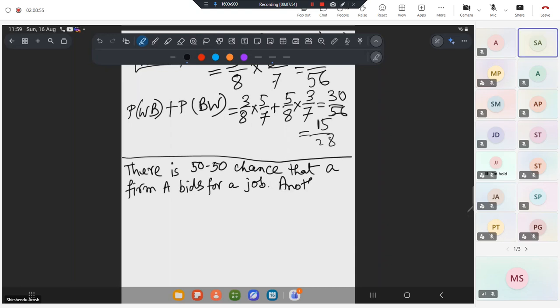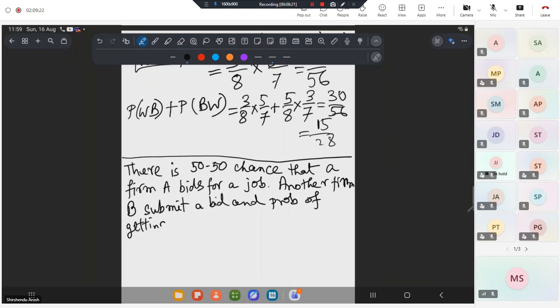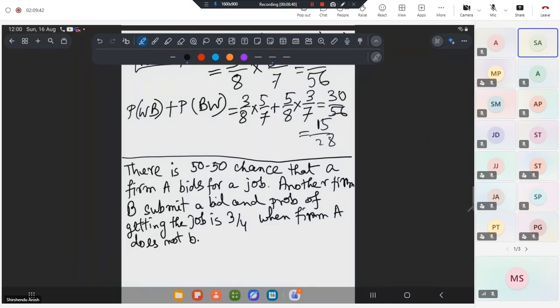Another firm B submits a bid, and the probability of getting the job is 3 by 4 when A does not bid, right?